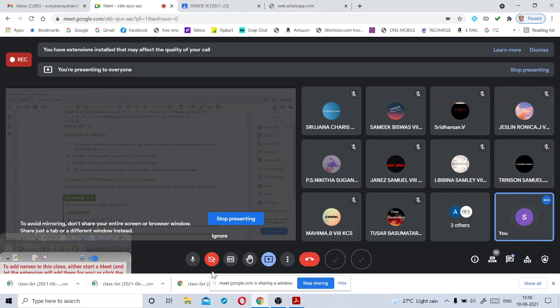So, what is the rule to find the successor of an integer? We have to add 1 to the given number. I gave minus 10. Then what is the successor of minus 10? Minus 10 plus 1. What do you get here? Can you tell me, my dear Tushar?